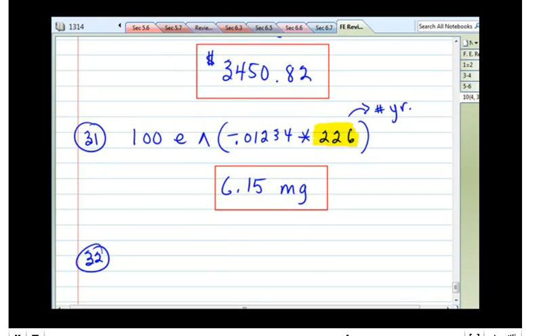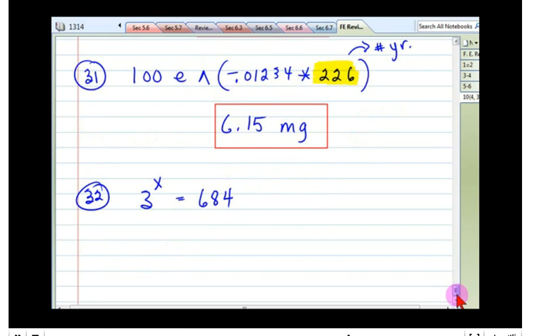All right, 32. Solve the equation symbolically. 3 to the x equals 684. How in the world do we solve that? They're not really wanting us to solve. When it says symbolically, they're wanting us to put that in log form, I believe. Look at your answer key on that one.